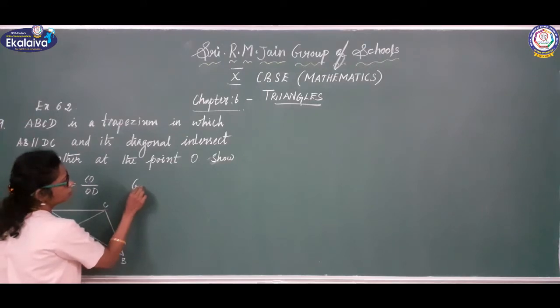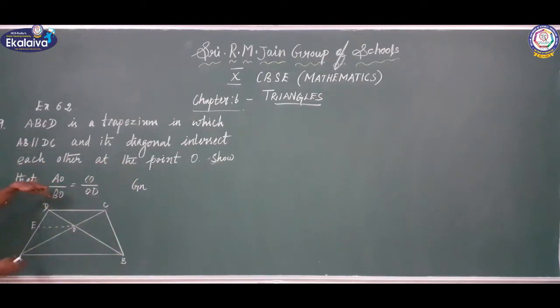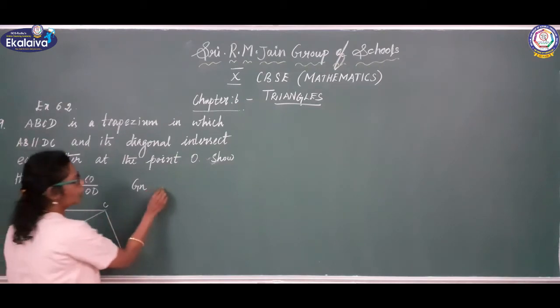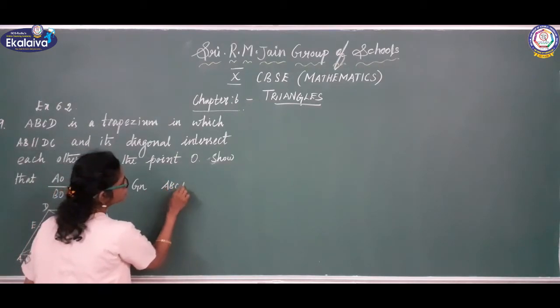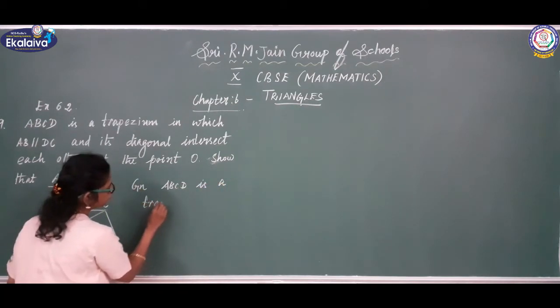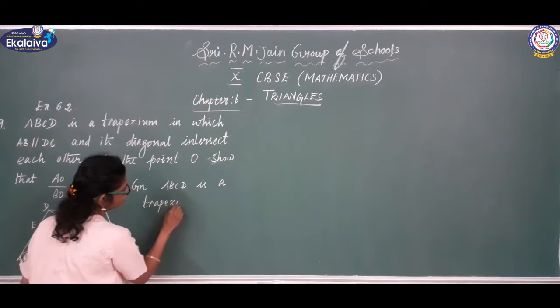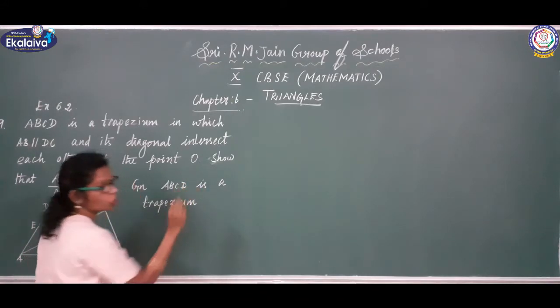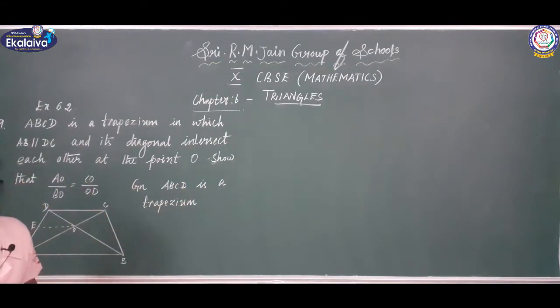First, they said trapezium. So, I drew the trapezium here, A, B, C, D, right? Given ABCD is a trapezium. Trapezium means a pair of opposite sides are parallel.